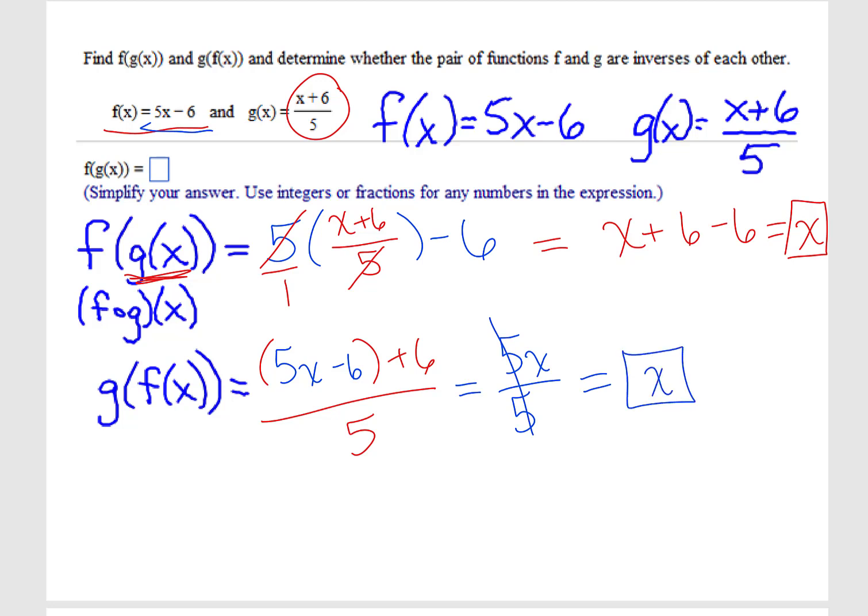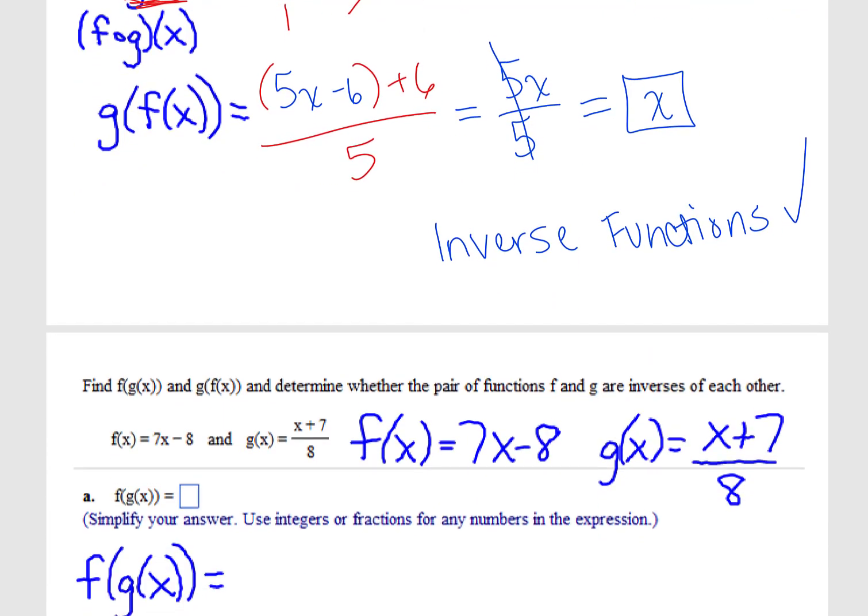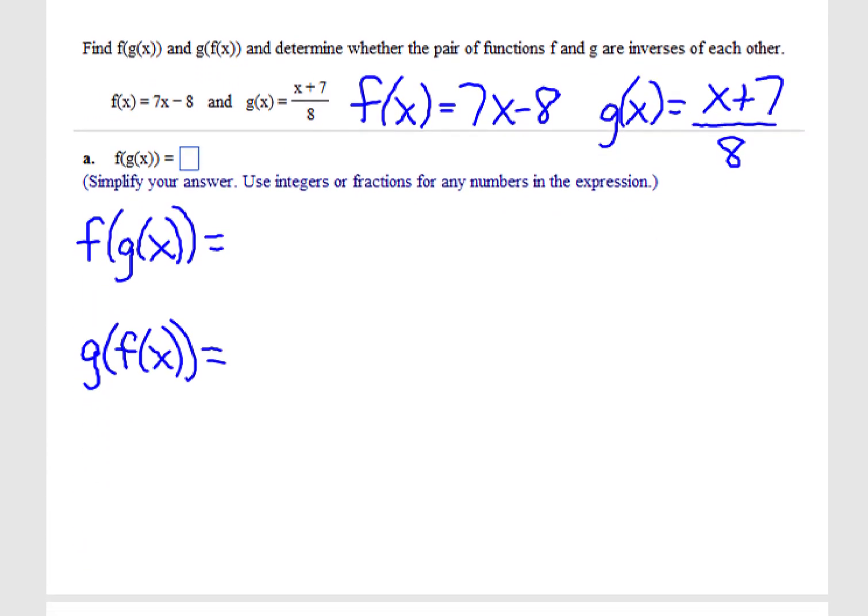Because when I plugged each function into the other function, it simplified down and equaled x in both of them, these are inverse functions. It has to be for both though. Again, if plugging one function into the other throws you for a loop, definitely hit up video 2.6.